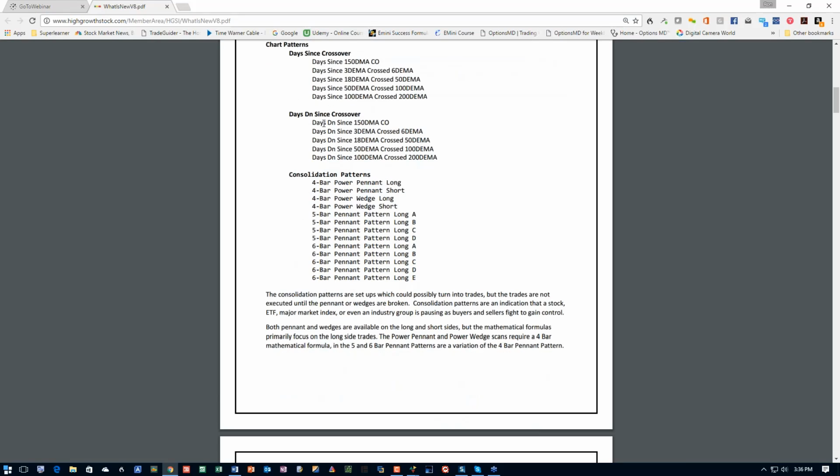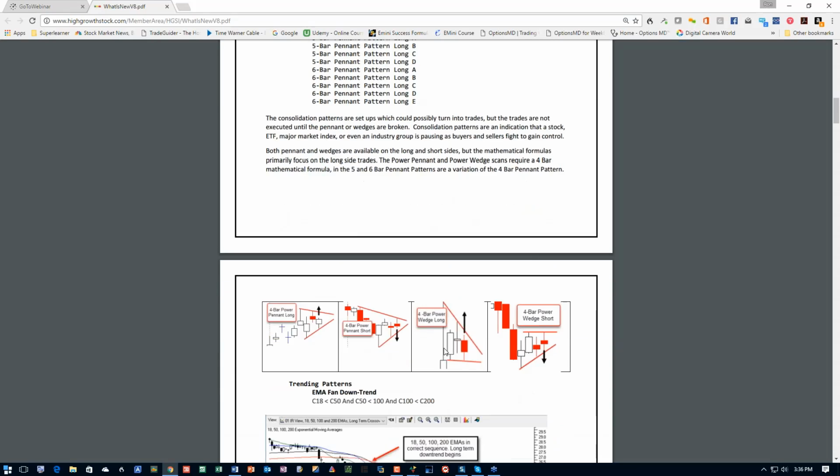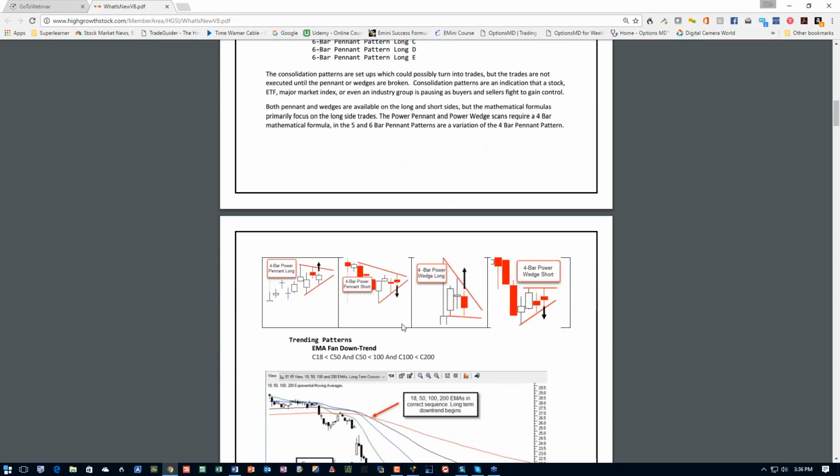I also requested these consolidation patterns, and there are examples right here. The thing is, when you apply these filters, very few stocks will appear. There just are not that many of them that appear each day. But these are based upon mathematical formulas, and there are consolidation patterns.